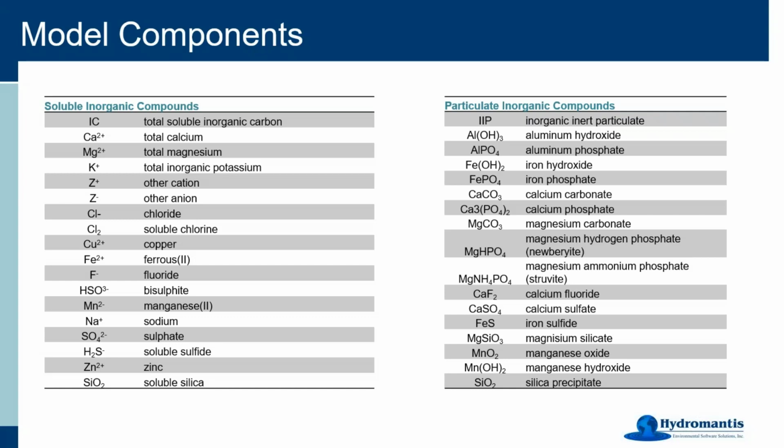It helps you to understand the source of these solids. Is it part of the chemicals that I'm feeding, or is it from the input coming from the influent itself? These are the most important ones that we listed for water treatment plants, but there could be others that could be further added into the system.